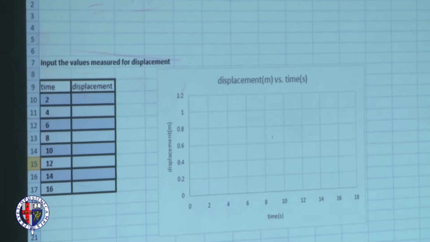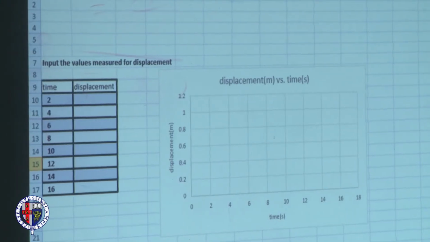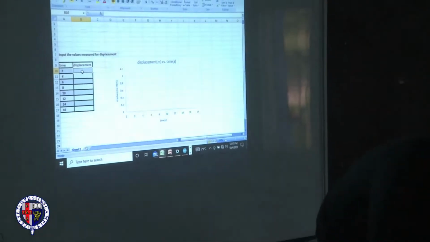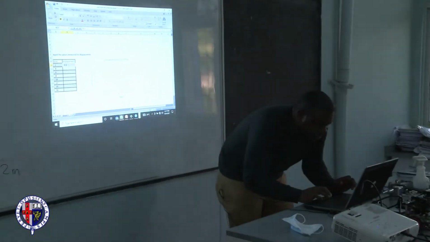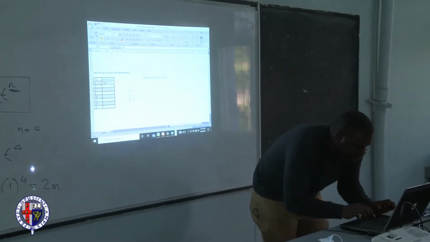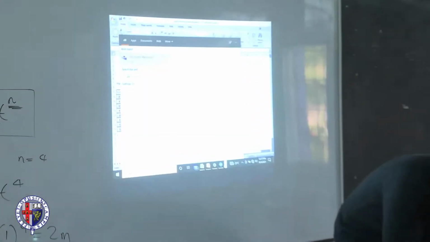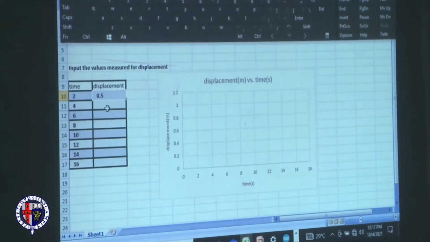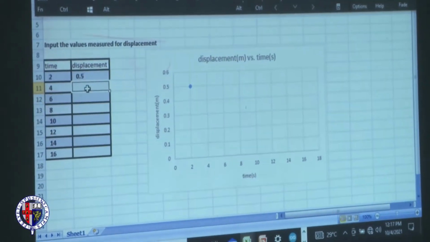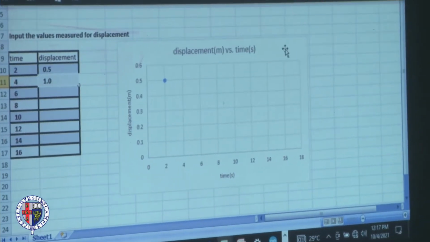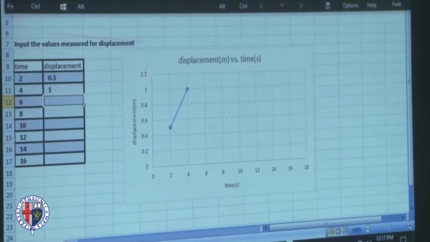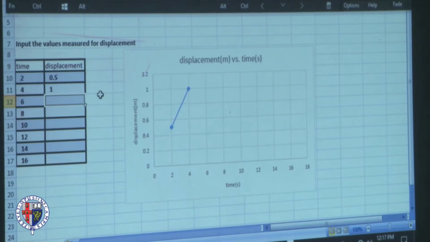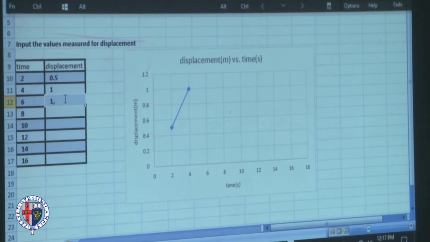So as I put in some data, my point should be plotting. So this is what's going to be. Let me just put in some data just to show you. This is just a demo.